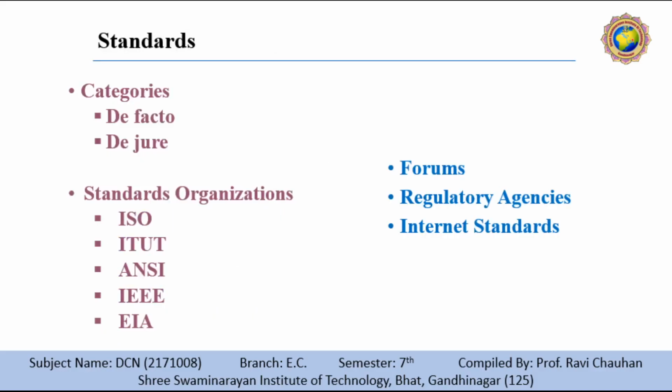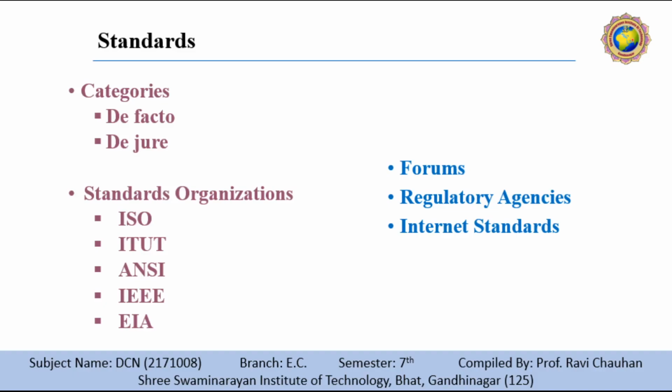In the category of the standards, there are two: de facto, meaning by fact or by convention, and de jure, meaning by law or by regulation. First, de facto: standards that have not been approved by an organizational body but have been adopted as a standard through widespread use are the de facto standards.